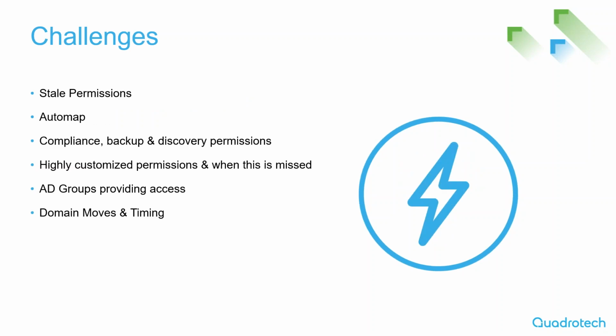We talk about challenges to migrating mailbox permissions. Stale permissions is the number one biggest problem. This has so many issues, not just from the process and what we're talking about here, but a lot of times if you're trying to make the decision if you're going to do a cutover migration or stage migration, we look at collaboration. So we look how people are working together, and activity data is a little hard to come by and make sense of.